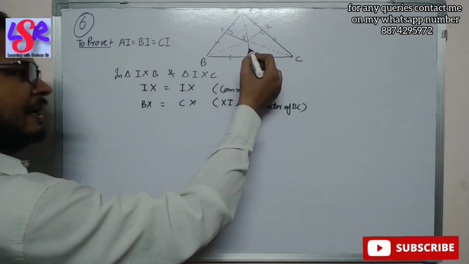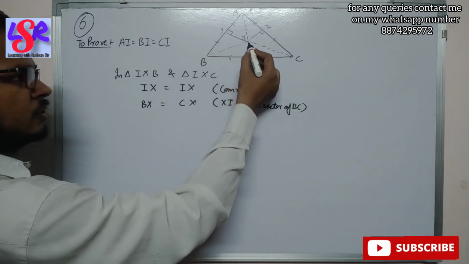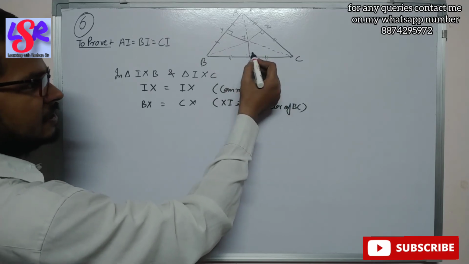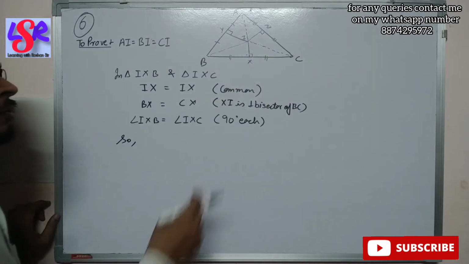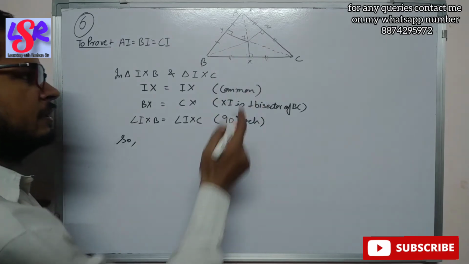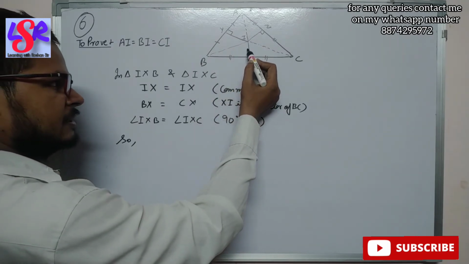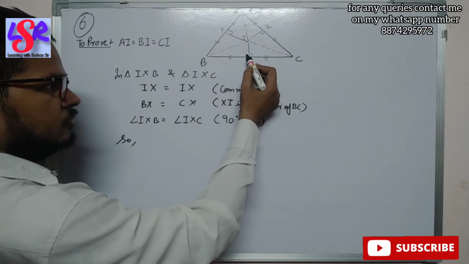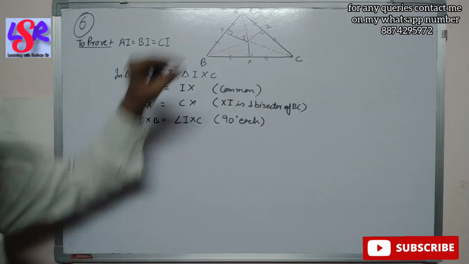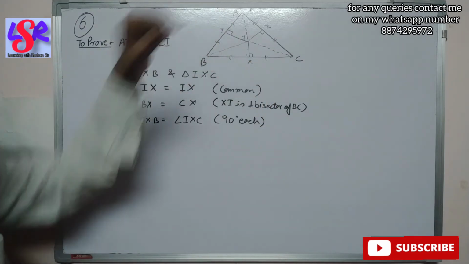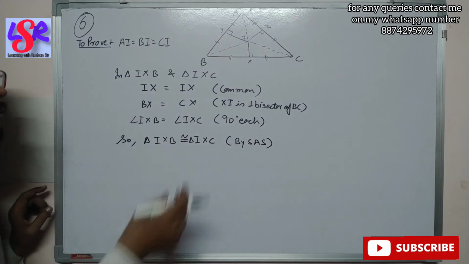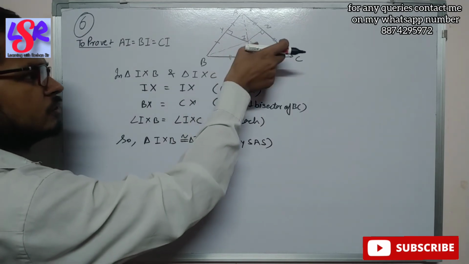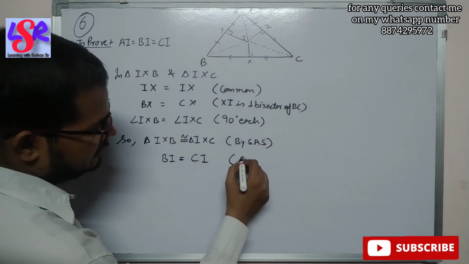Then angle IXB will be equal to angle IXC as 90 degrees each. So these two triangles are congruent by using the side, this one, then this angle and then this side. So it is SAS. And now we can prove this BI equals CI by CPCT.